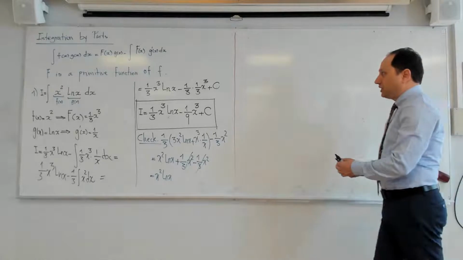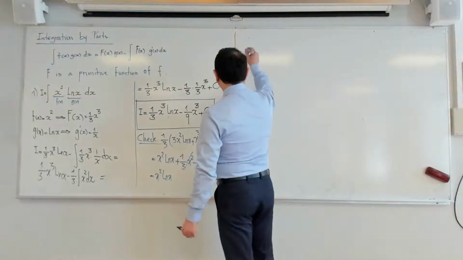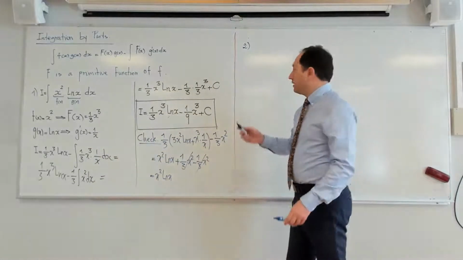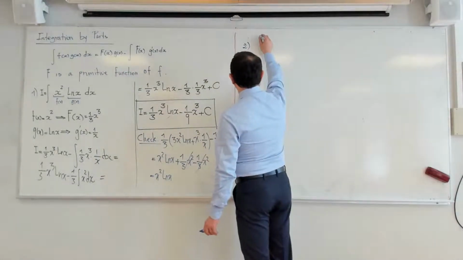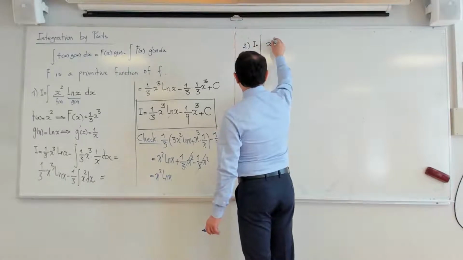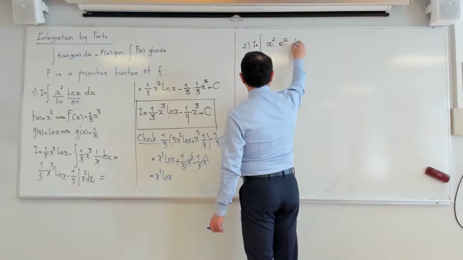So here, sometimes you need to use the method more than once. For example, if I just give you a simple integral, let me call it I again, x squared e to the power x dx.